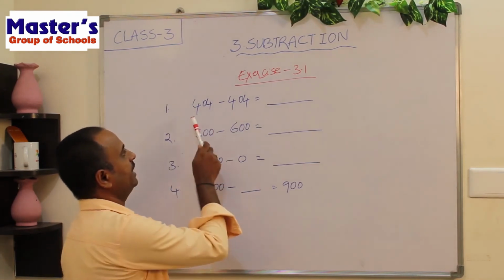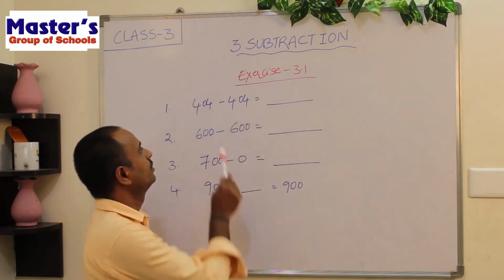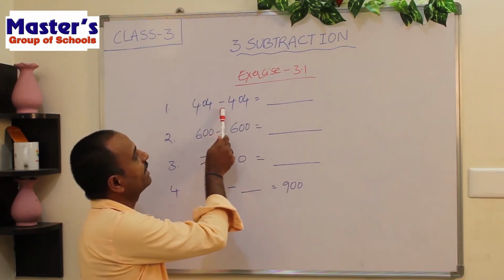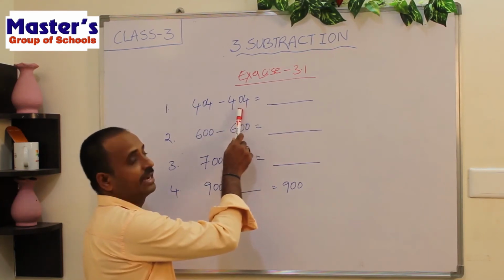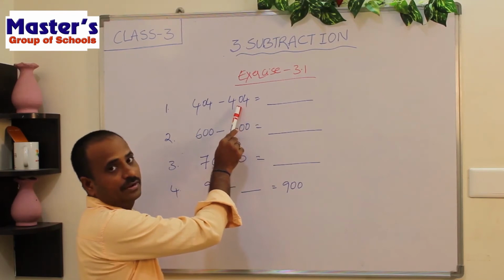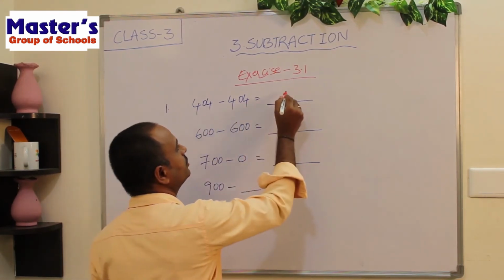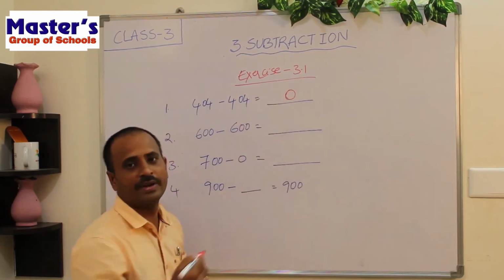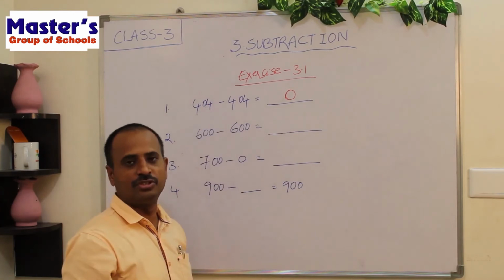See the first subtraction, 404 minus 404. That means we are subtracting a number from the same number. So the answer is 0. According to subtractional facts, the difference between same numbers is 0.